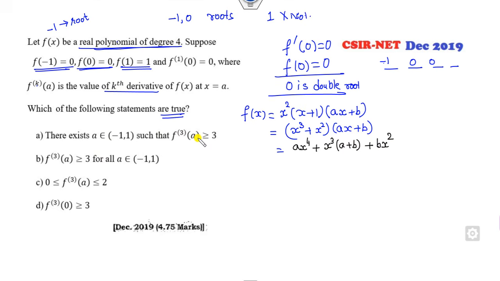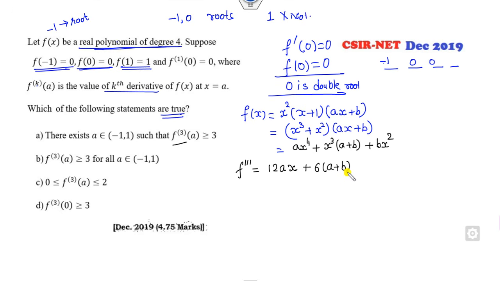Now in all the cases you need the third derivative. So what is the third derivative? You can see the third derivative of this will be 4, 3, 2, which is 24 ax. Third derivative will be 6 times a plus b, and it's 0.